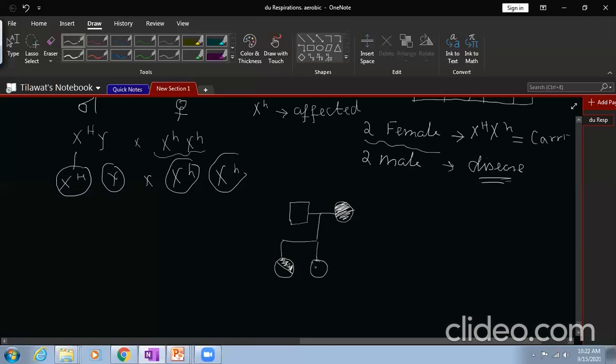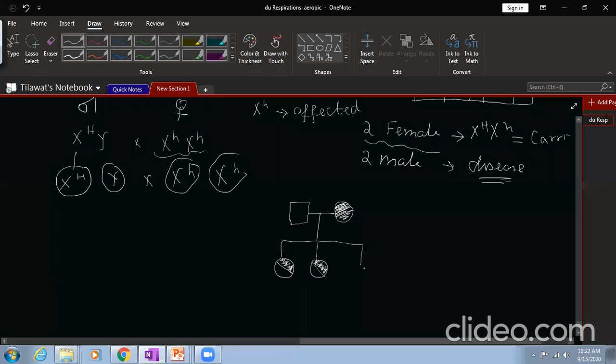While for this female also half shaded, because we have two females and both are carriers. But if you mention just one, it also doesn't matter in a pedigree. For example, if you just mention a carrier female half shaded, one is also enough, no problem.